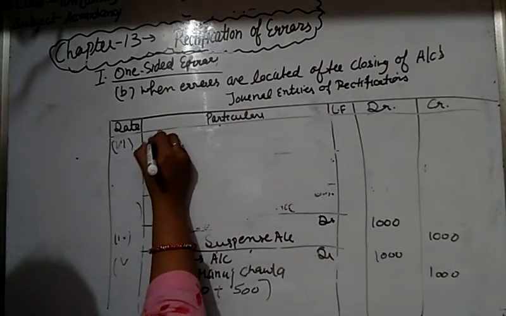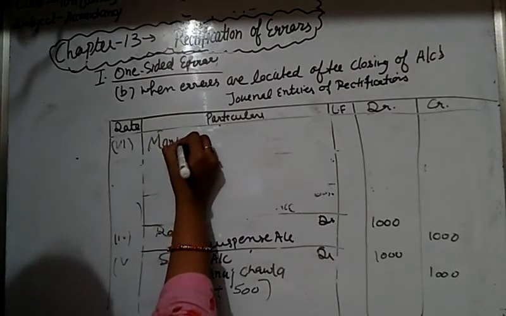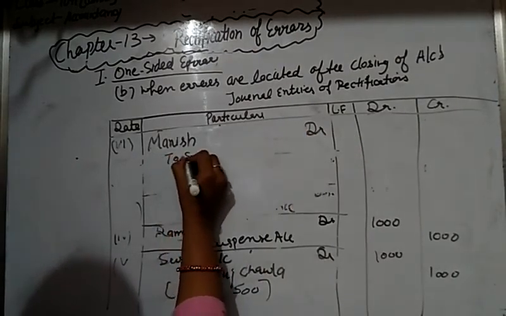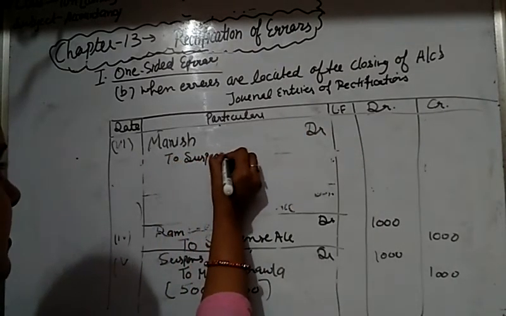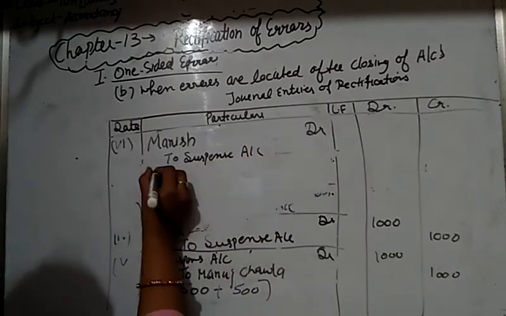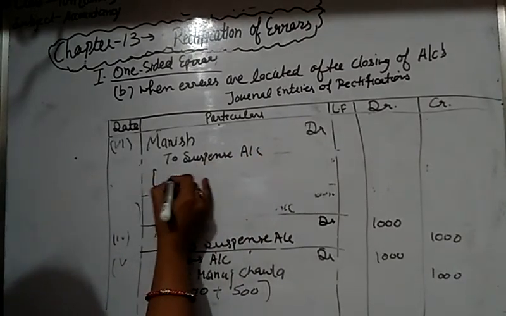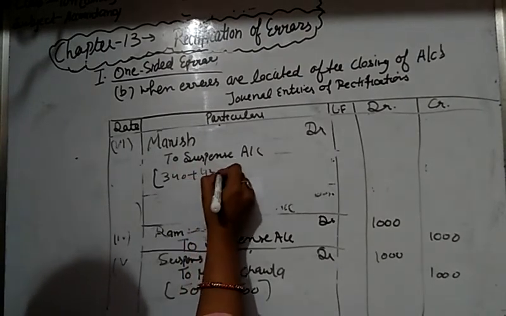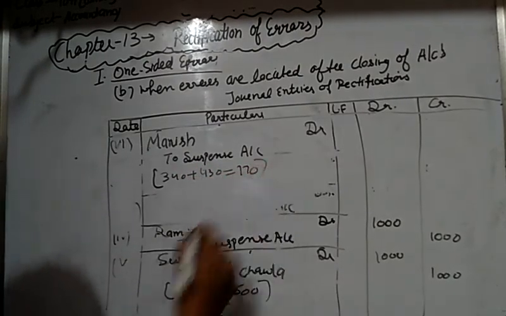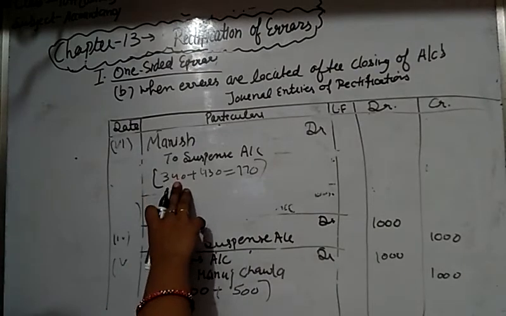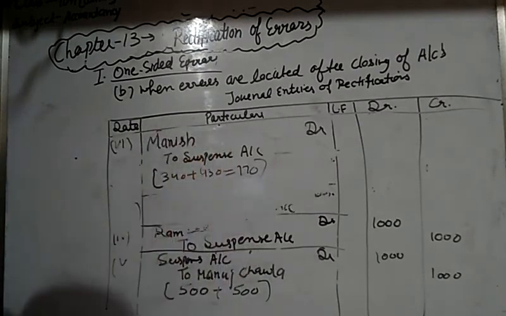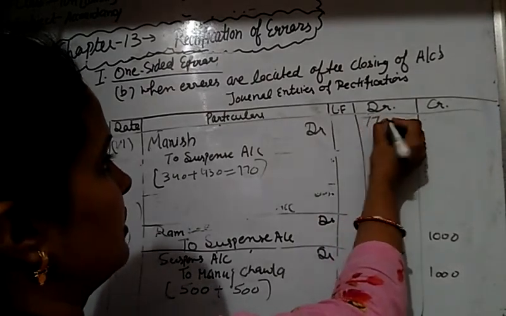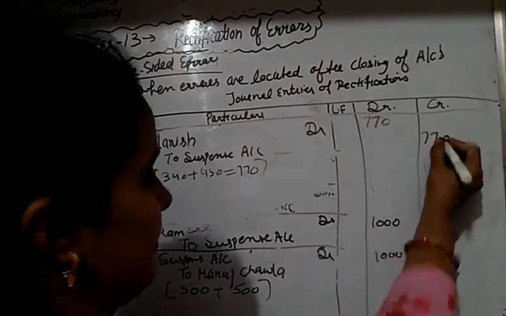So Manish debit to suspense account. So first we debit the Manish with the total of this, that is 770, because 340 to cancel the transaction, 430 to debit Manish account. So the account was debited with 770.